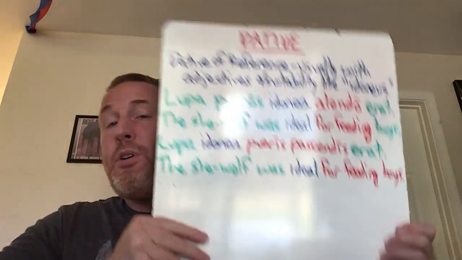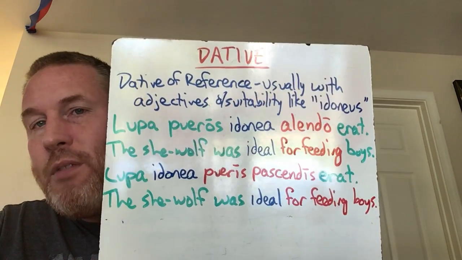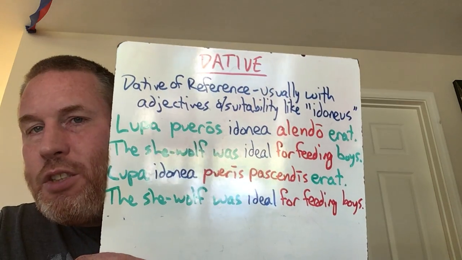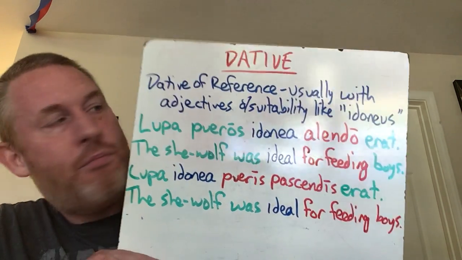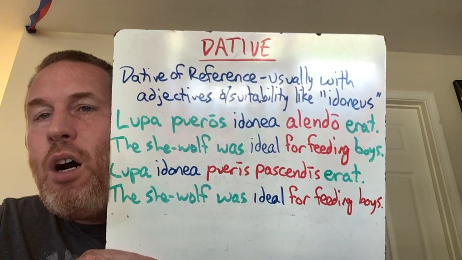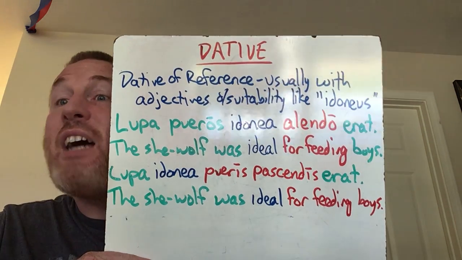Pretty easy, pretty clear, but there are some keywords here that I want you to see. I thought I was going to fit them all on one slide, so forgive the jammed up nature of it. The dative of reference is usually with adjectives of suitability, like idoneus, like this is ideal.